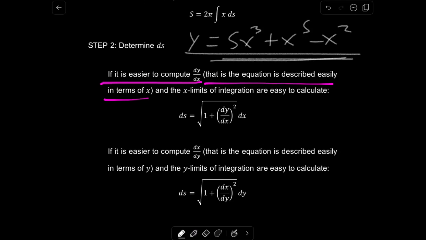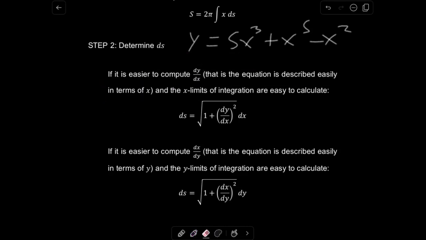That would be very hard, if not impossible, to do. So it's conveniently described in terms of x, and because of that, it's easy to compute dy/dx. If I ask you to differentiate that with respect to x, you should be able to do it. I'm trusting you should be able to do that. It's super easy stuff. So it's easy to compute dy/dx.